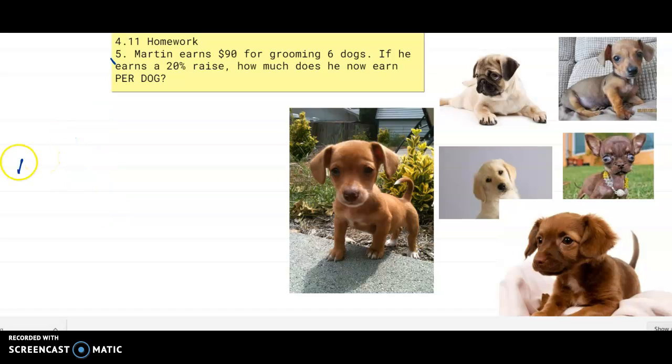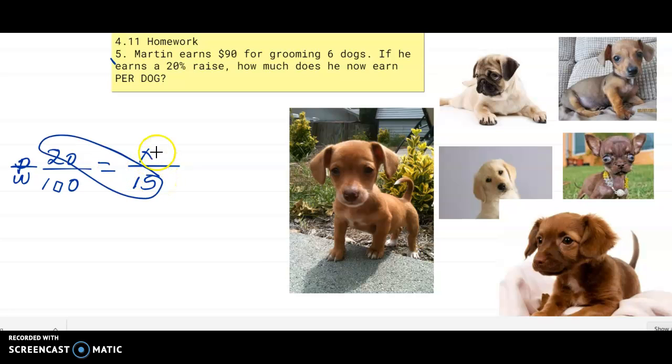So I'm going to set my proportion up, part over whole. My whole amount, the 100% of what he gets paid for grooming 1 dog, is $15. He's getting a 20% raise. So we need to know what 20% is equal to.